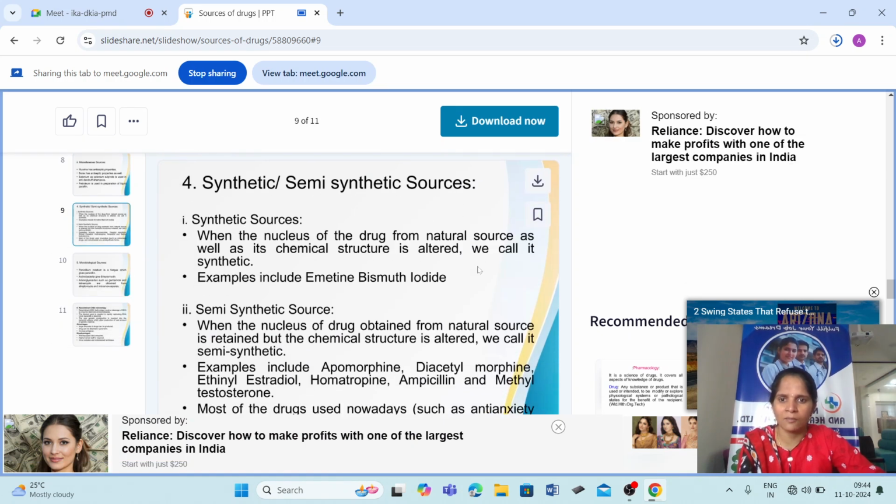Next let us see the semi-synthetic or synthetic sources of drugs. Semi-synthetic means that the nucleus of the drug obtained from the natural source is retained but the chemical structure is altered.